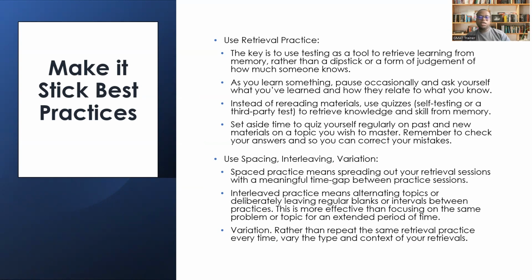Secondly, as you learn something, pause occasionally and ask yourself, what have you learned and how does it relate to what you know? Like a minus b squared, all that. Once you know the concepts and the approaches, you learn that you can apply this concept to solve something like 199 squared, or even 990 squared.